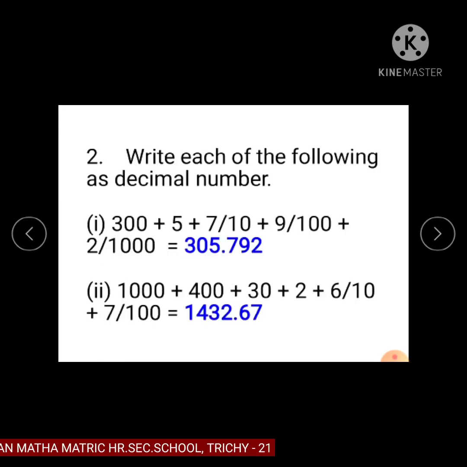Question number 2. Write each of the following as decimal number. Subdivision 1. 300 plus 5 plus 7 by 10 plus 9 by 100 plus 2 by 1000 equal to 305.792.